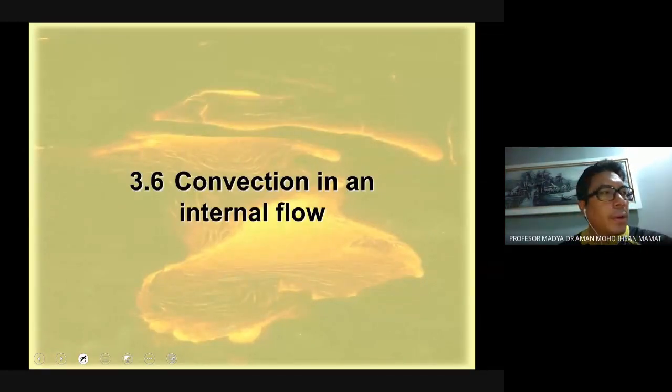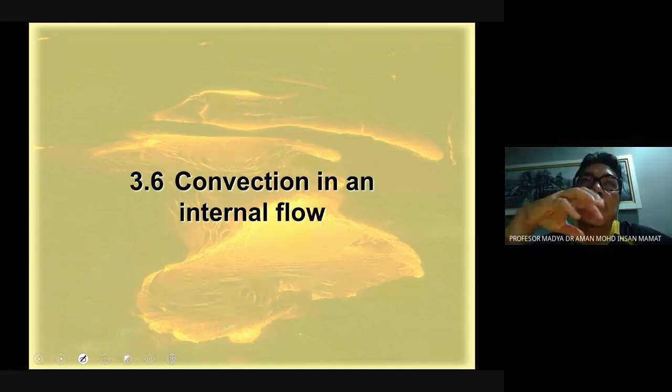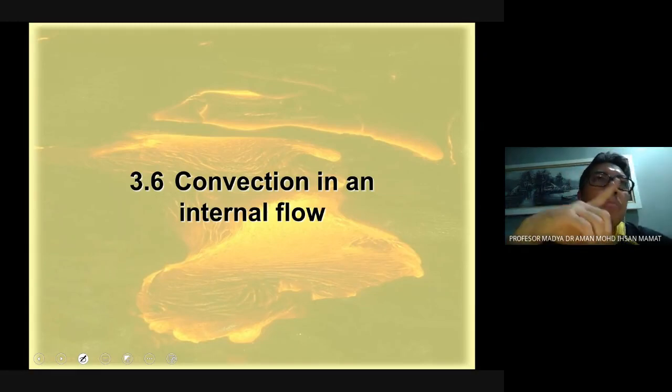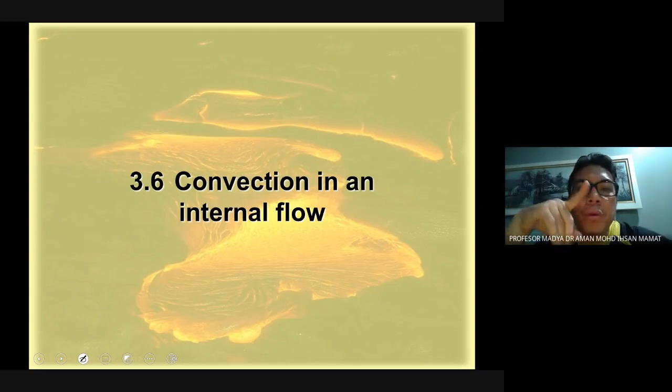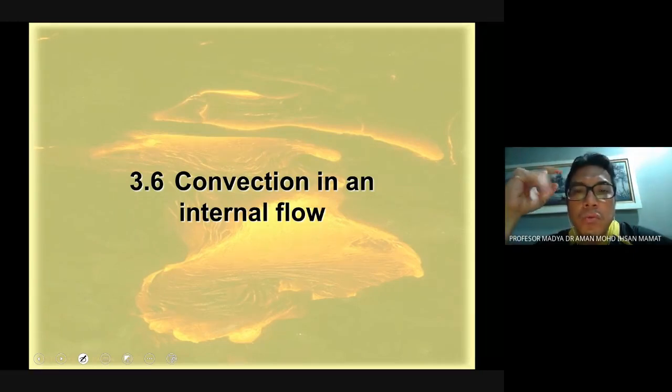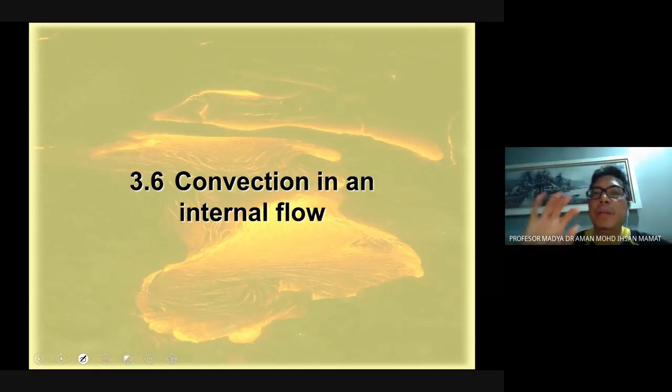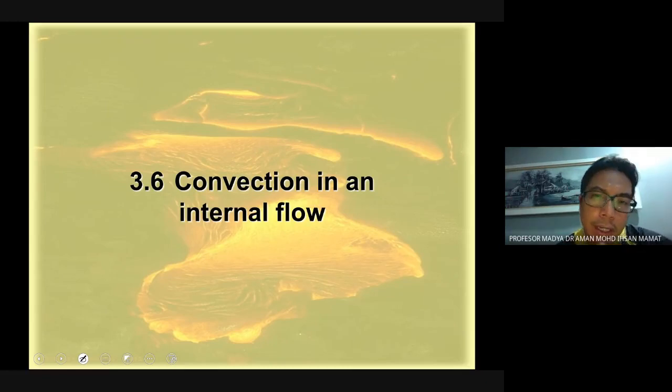As for the internal flow, the process is also the same, only that you have to ensure the development of the heat convection coefficient looks into the correlation with the Reynolds number and the Prandtl number. We cover laminar flow and turbulent flow. For laminar and turbulent flow, you can get the correlations from the textbooks.